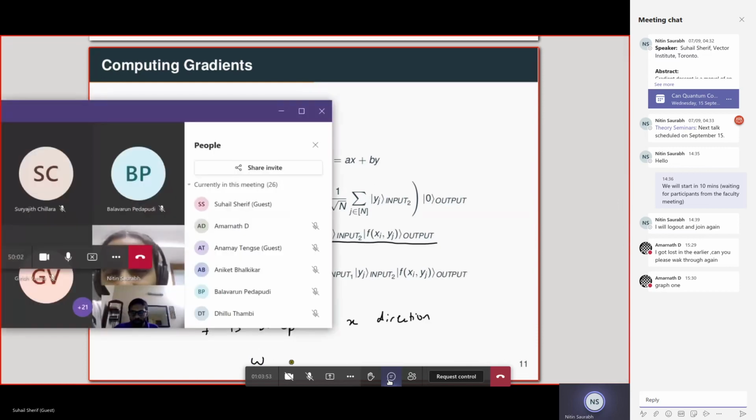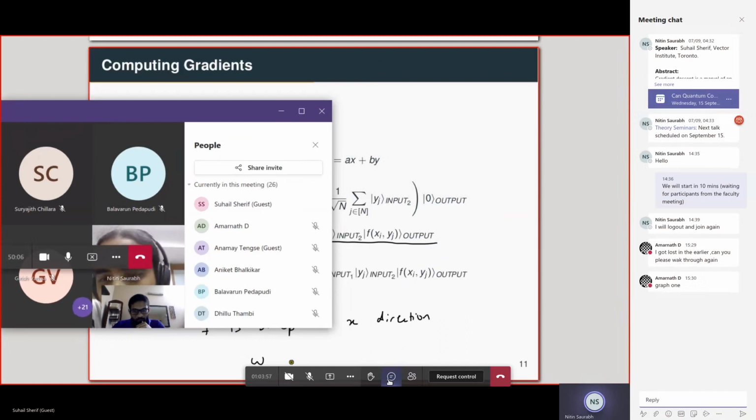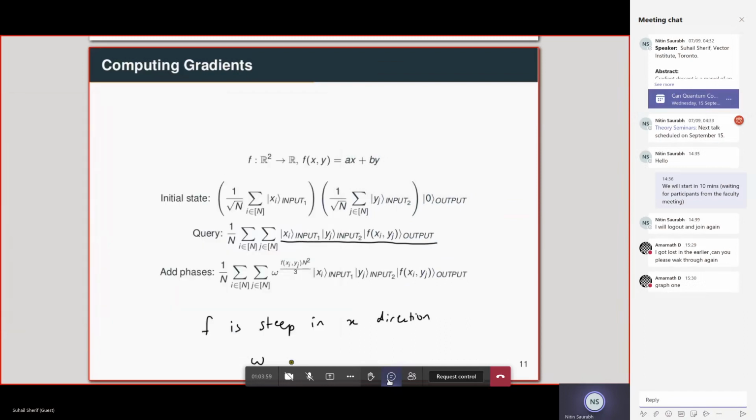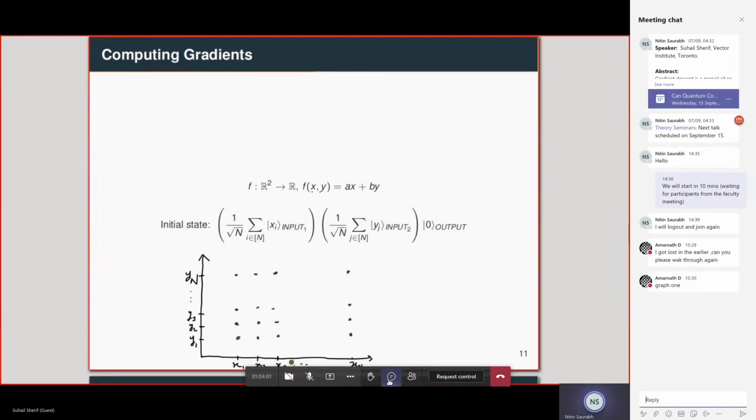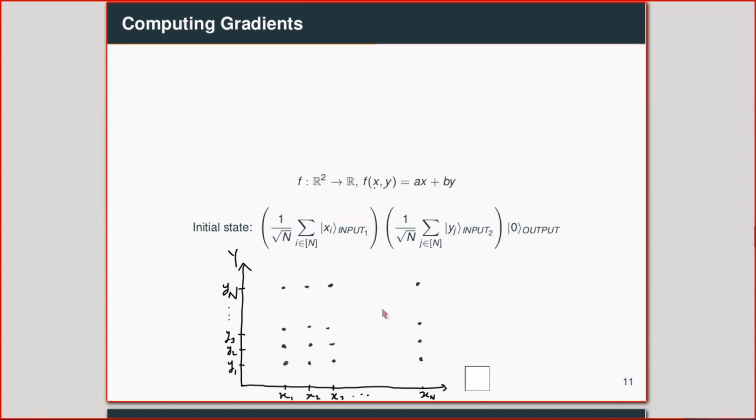Sorry, there is someone in the chat asking, they got lost at the graph. Could you explain that graph again? Sure. So this is a 2D plane. I have the x-axis here and the y-axis here. And I'm just marking a grid of points here.